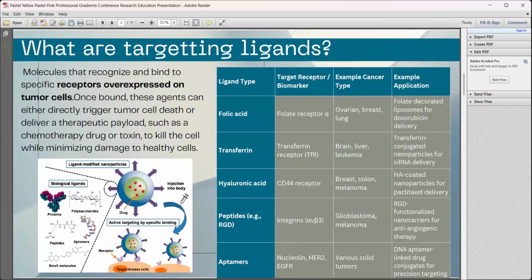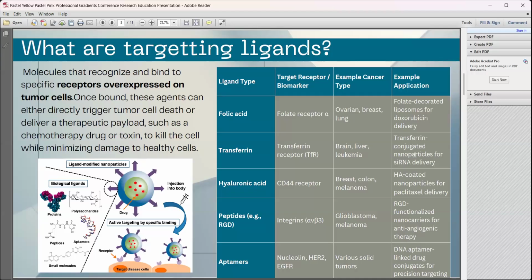The targeting ligands are molecules that can recognize and bind specifically to receptors. Cancer cells overexpress receptors because they need nutrition in high quantity. So these ligands bind to those receptors and either trigger tumor cells directly or deliver therapeutic agents to the cancer cells.